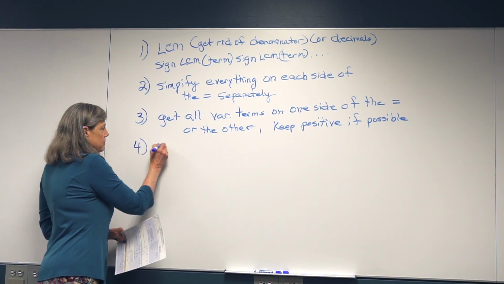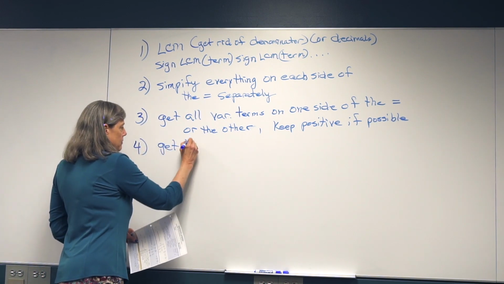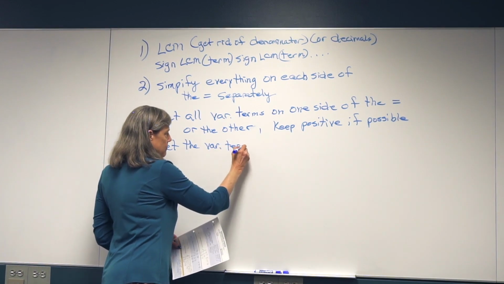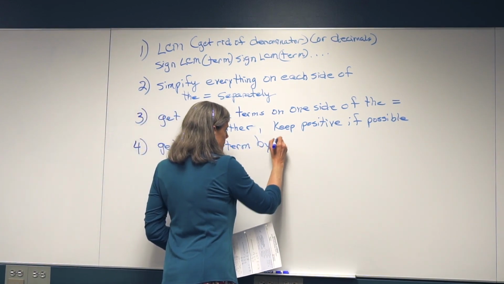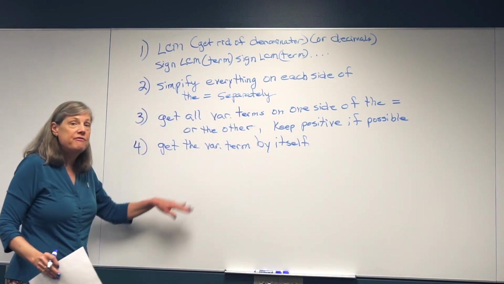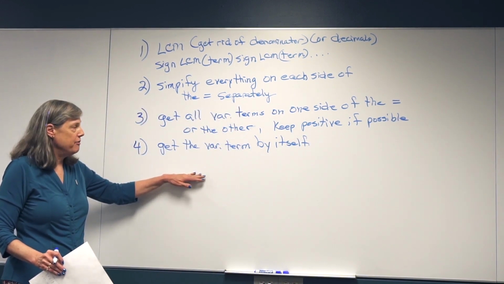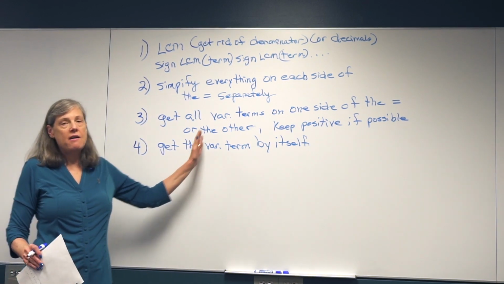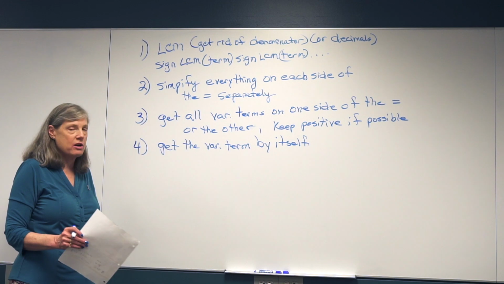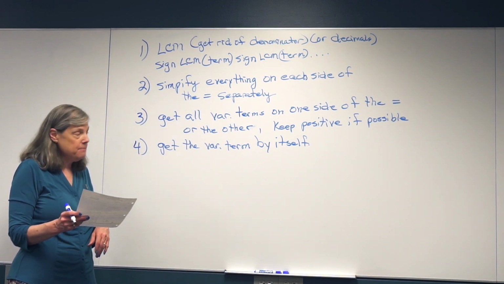Then, get the variable term by itself. Well, that means getting rid of everything else that's with it. It's going to have to go to the other side, whichever side it's on. Okay?